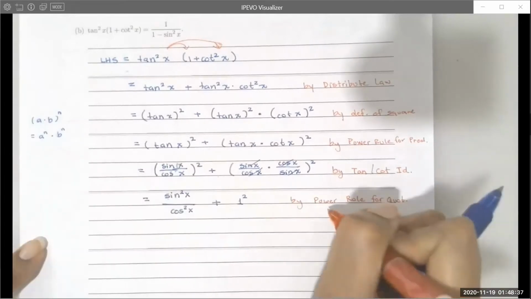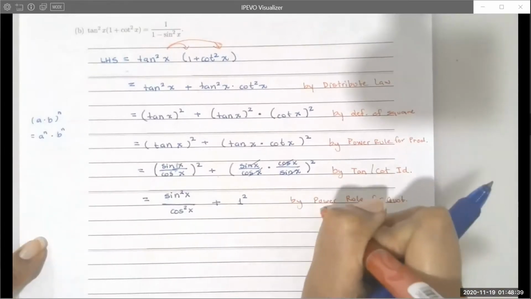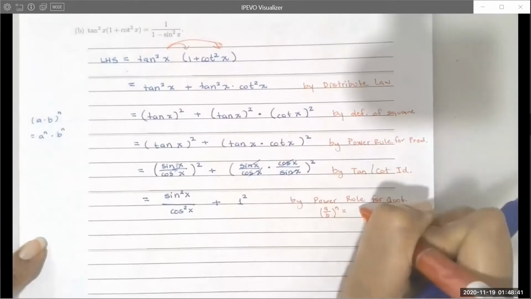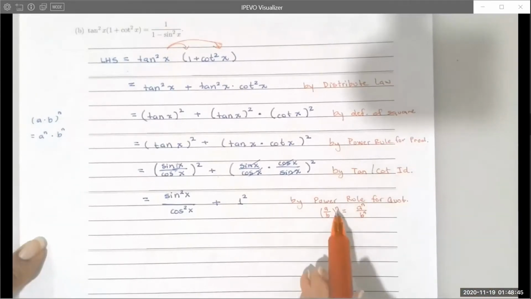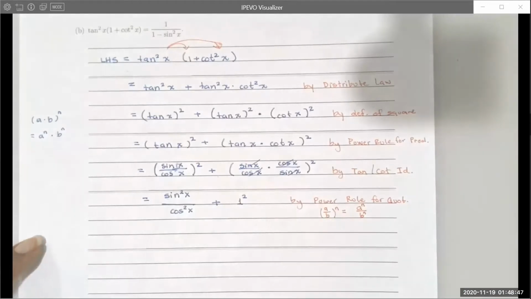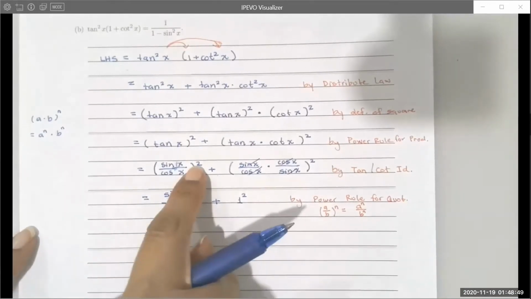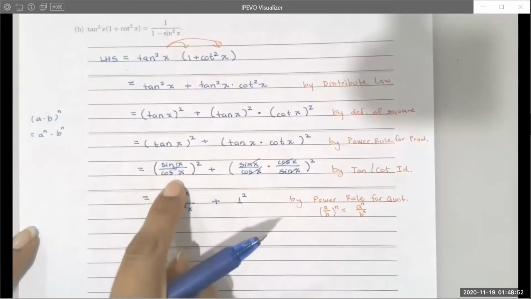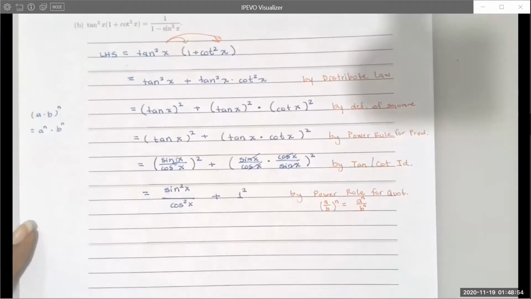That power rule simply states that if you have a over b raised to some power n, you can take a to the n over b to the n, meaning you can apply the power to each the numerator and denominator. And so that's what we've done here. We took the square and applied it to the sine, and then applied it to the cosine.